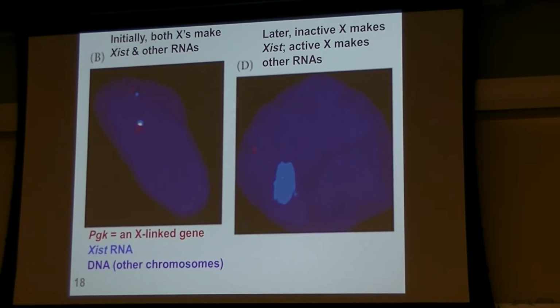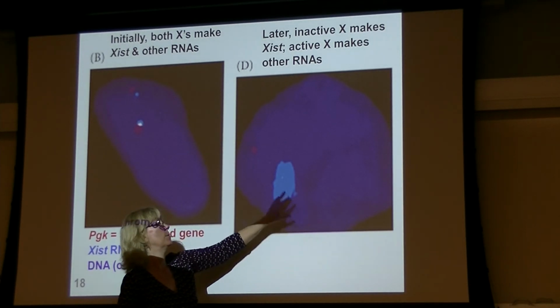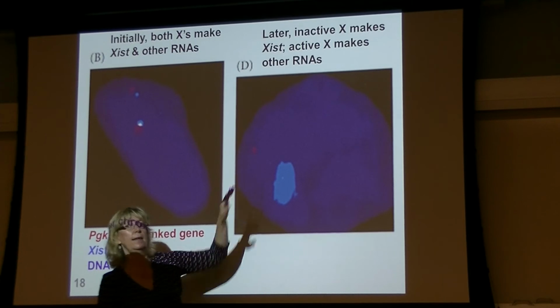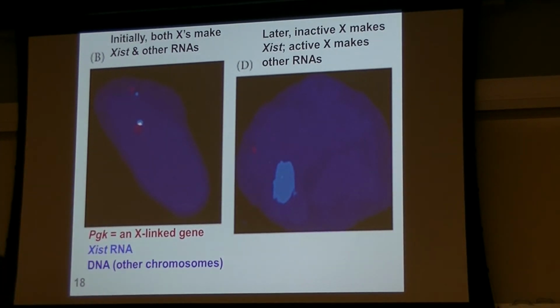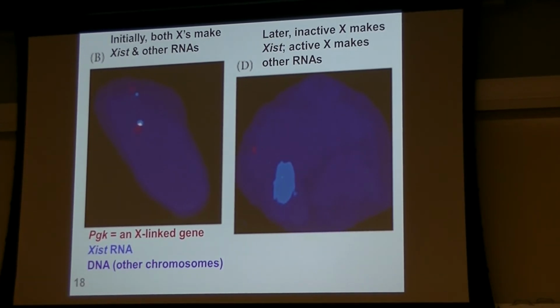So there's definitely two chromosomes in there that are expressing both of these gene products early. And then later, within the large DNA mass, one of them is only making exist, and the other one is only making the housekeeping gene, PGK. So they've sorted it out, they've made a decision, and one has become inactivated and the other is continuing to be actively transcribing.